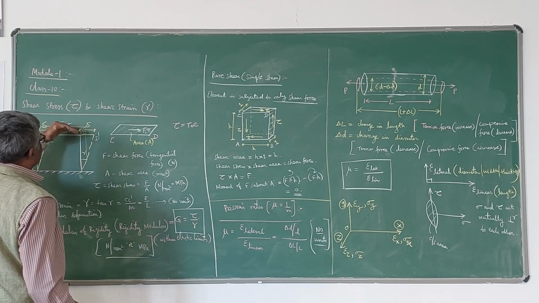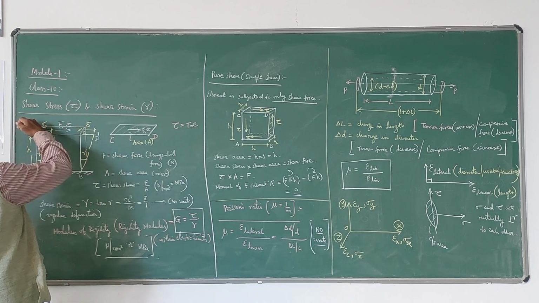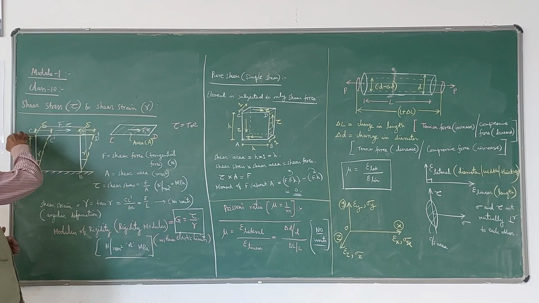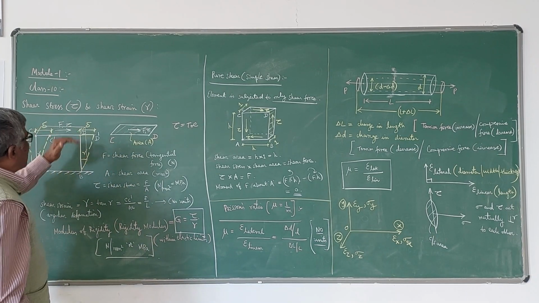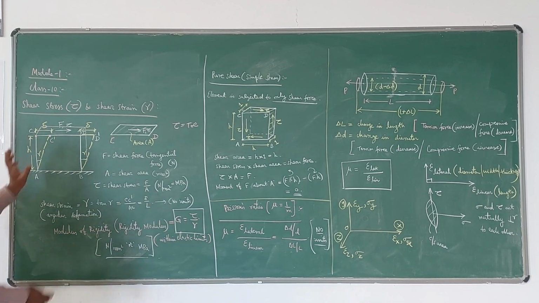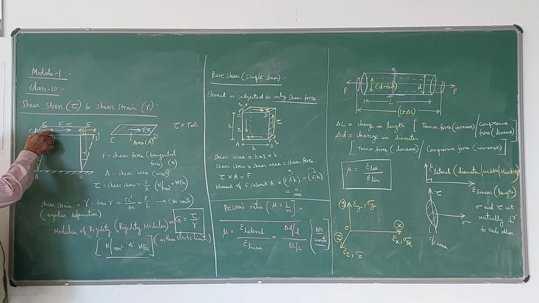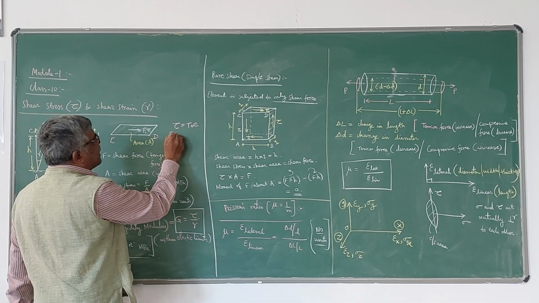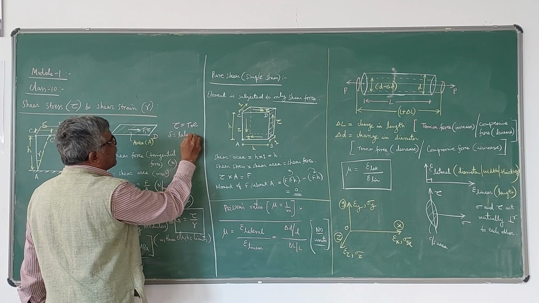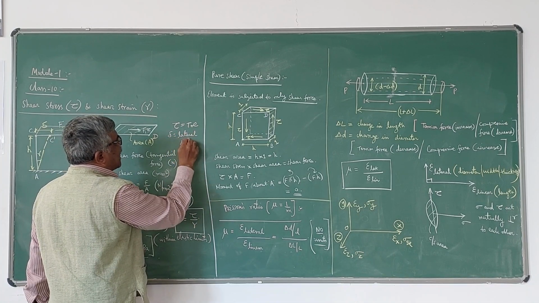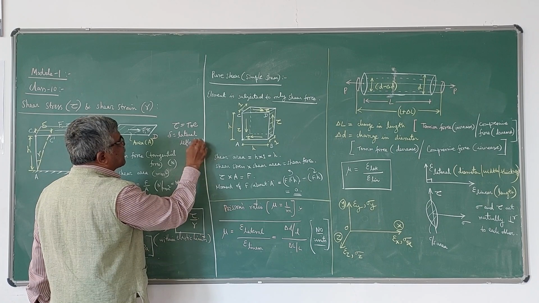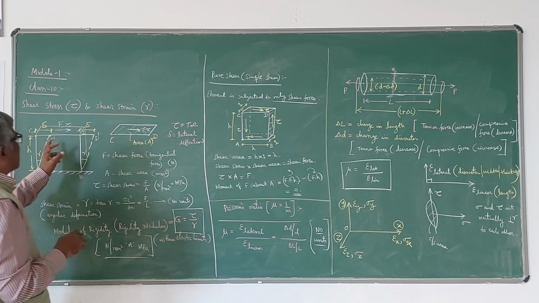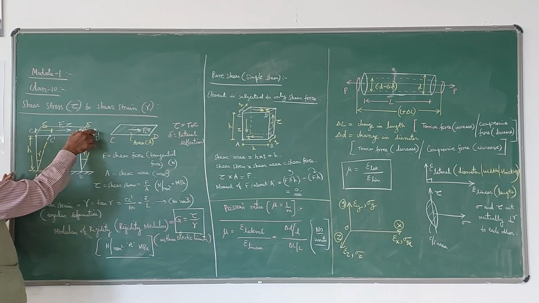Suppose if F acts like this, the sheet is shifted towards the left; here I have taken towards the right. This value, whatever it has shifted, I have taken as delta. It is called lateral deflection. Here I have taken it the same at both the ends C and D, so this is also delta, this is also delta.